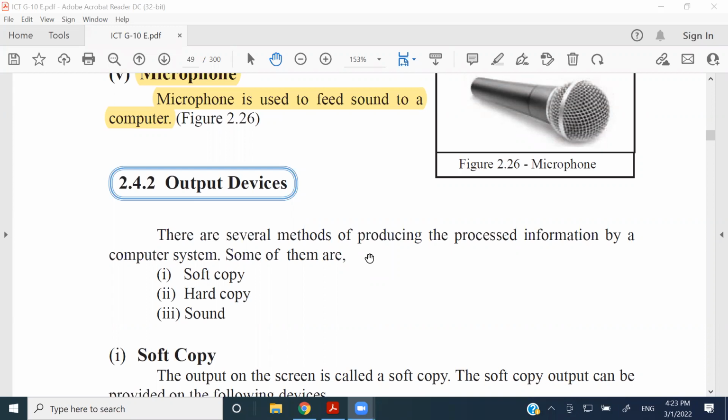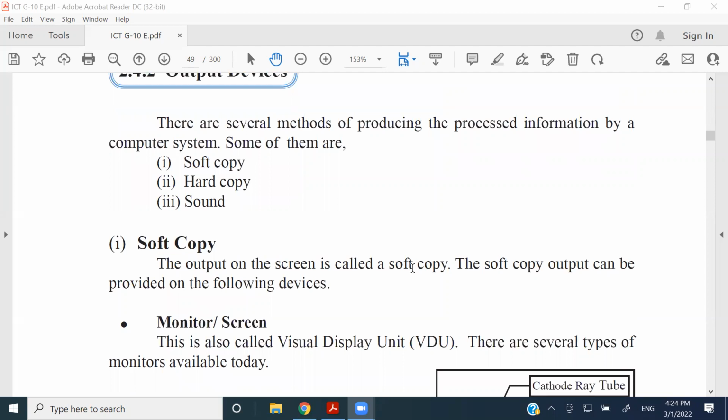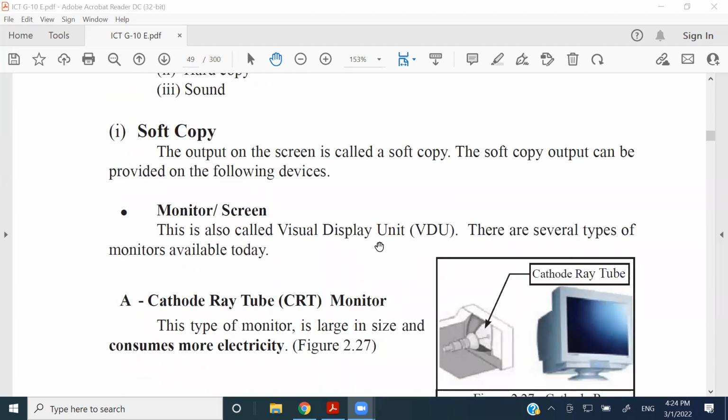The things that we transfer to a pen drive are a soft copy. And hard copies are the tangible outputs, the things that we can touch, like the printout. And sound is a different kind of output, which is given by the speakers and headset and all these things. Now, when it comes to the soft copy, it's given by the monitors, right?